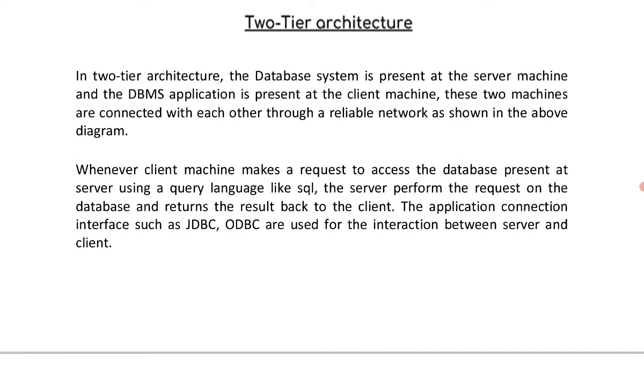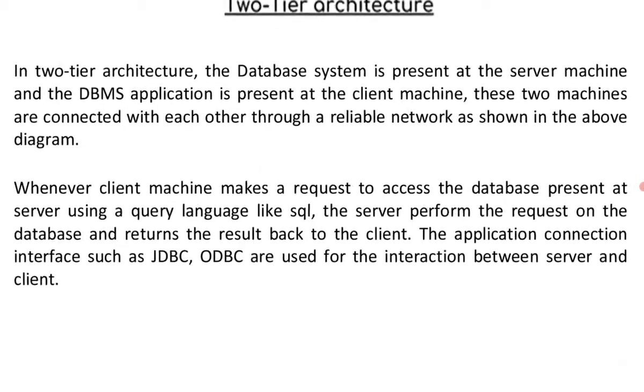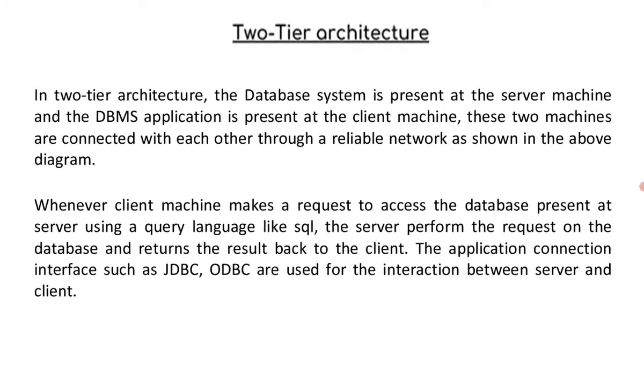So in 2-tier architecture, the database system is present at the server machine, whereas the DBMS application programs are accessible via client machines.